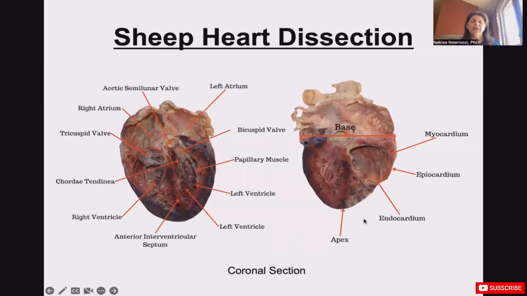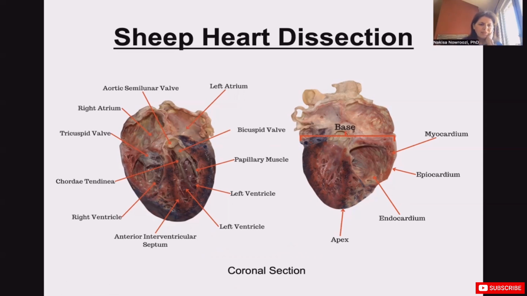Okay, here we're looking at the heart dissection model. It's already coronal sectioned, basically from the apex of the heart, from the tip of the heart. You make the blade and you make a straight section all the way to make two complete halves. In this half, I'm looking at left atrium, right atrium.